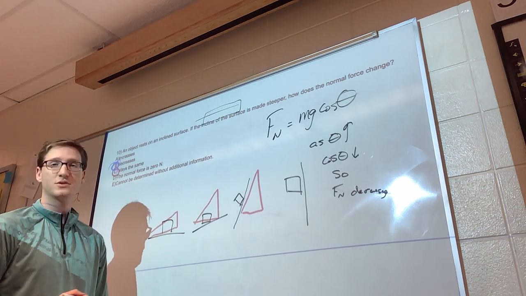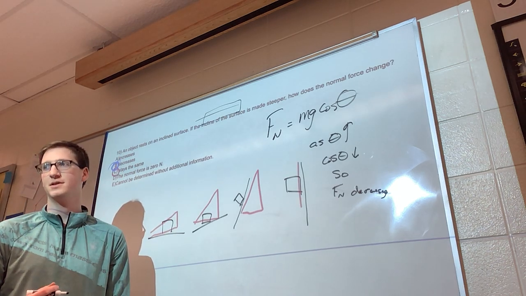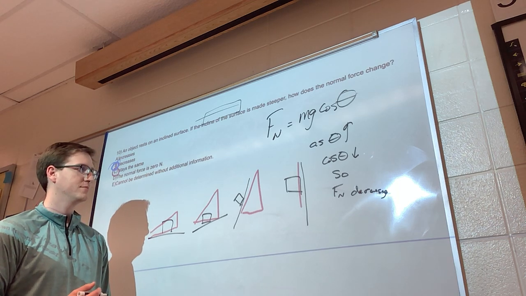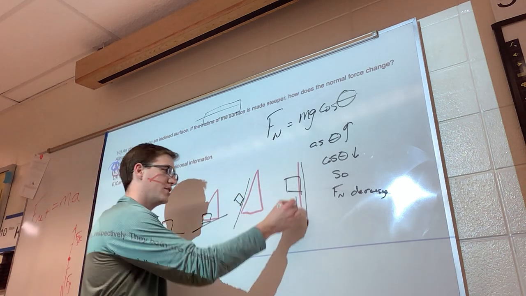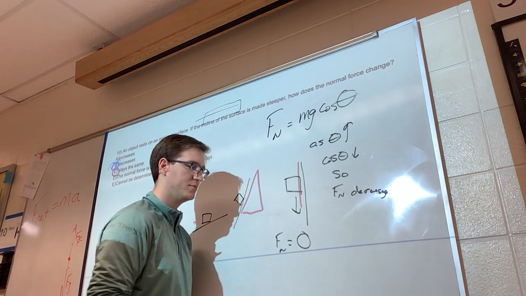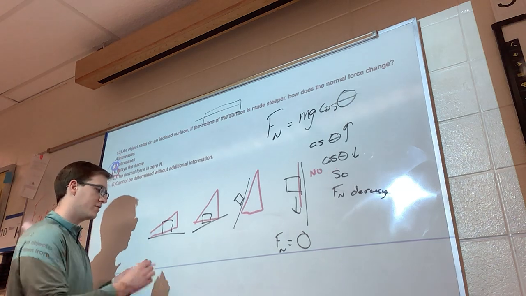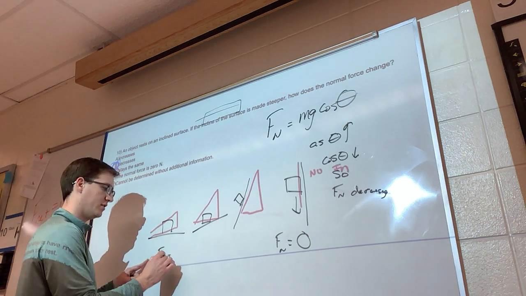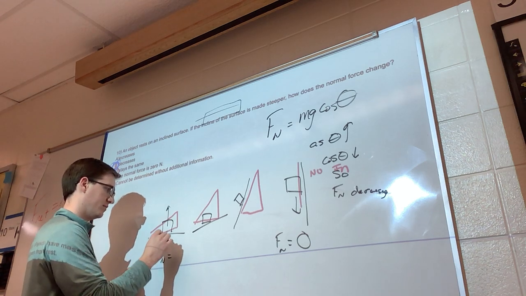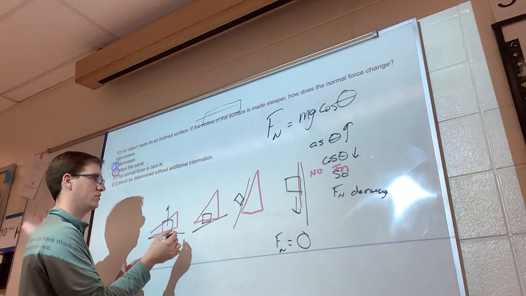All right, one of these questions has no normal force. Which one is it? No normal force? Fourth one. Yeah, this one, right? It's just gonna fall straight down. So Fn equals 0. But I know that over here, I definitely don't have Fn equals 0. In that moment, it's just sitting on flat ground.